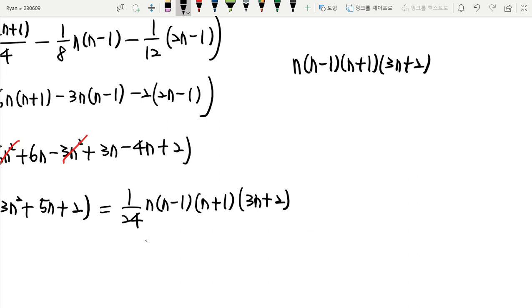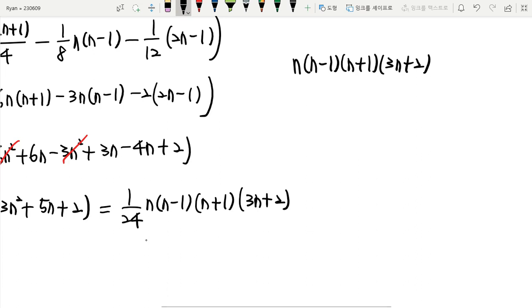So let's first check if this is a multiple of 8. So in this case, the neighboring numbers are multiplied. N is adjacent to n minus 1 and n plus 1. That means if n is odd, n minus 1 or n plus 1 should be even.